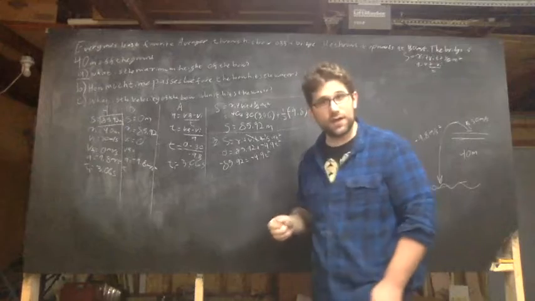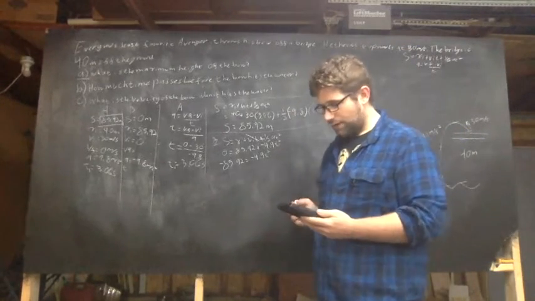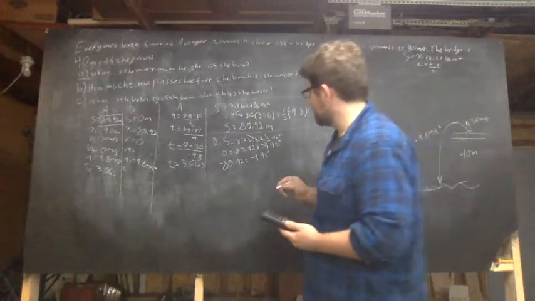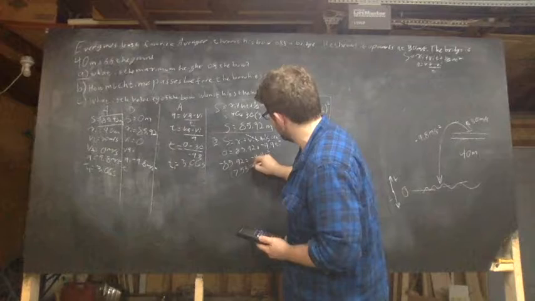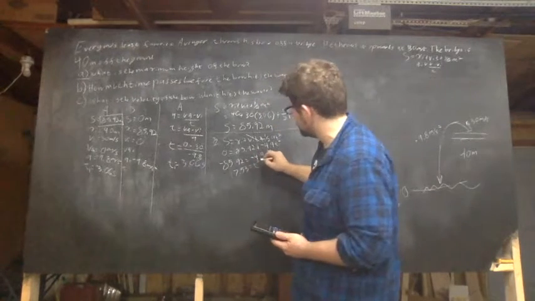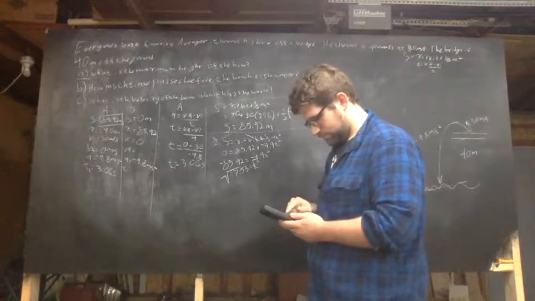Divide both sides by negative 4.9. That's going to give us a value of 17.53. Notice it's positive, which is good because we're looking for time, and that's T squared. We need to square root both sides.